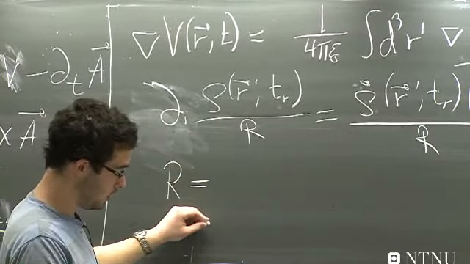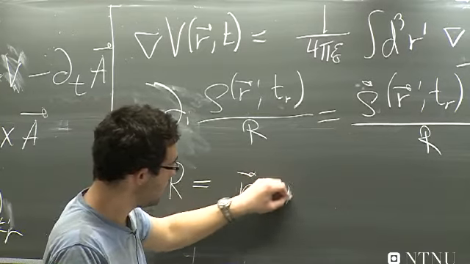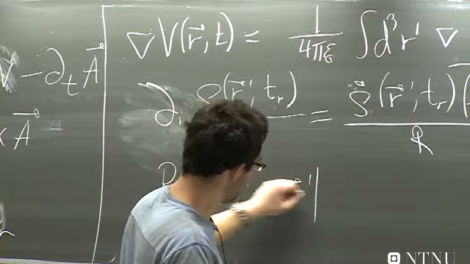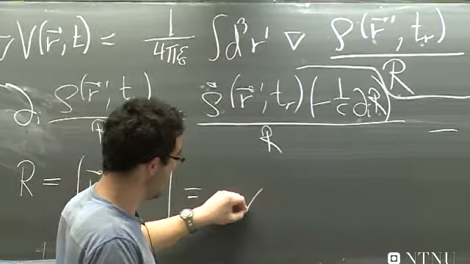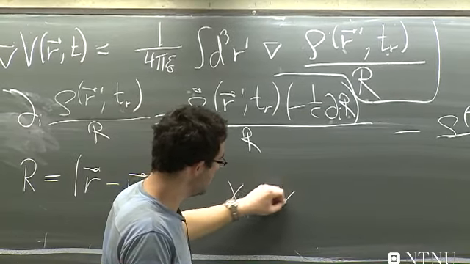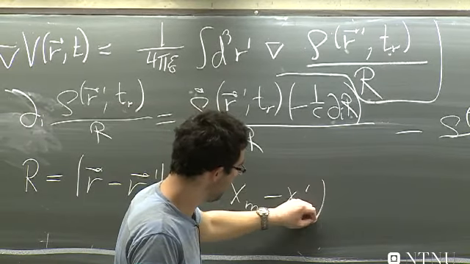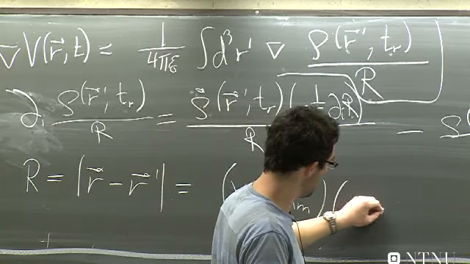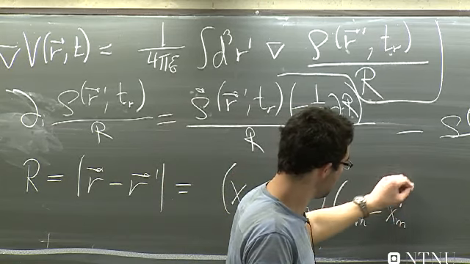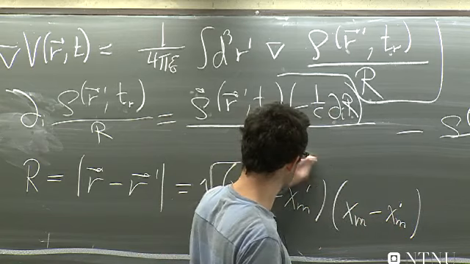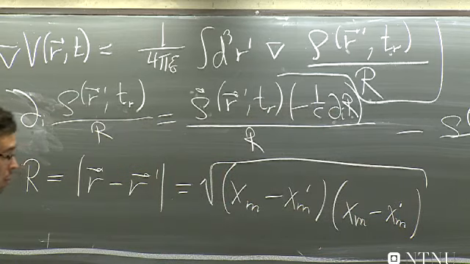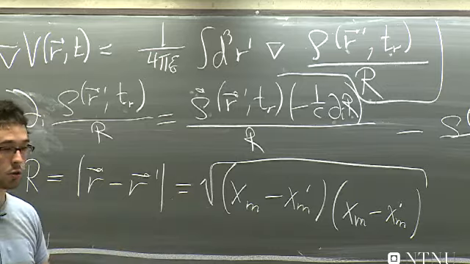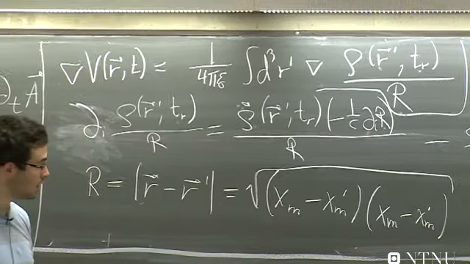I write it as r = the square root of (xm minus xm prime) times the same thing. This is a dot product with itself, right? I take the square root to get back to the length.